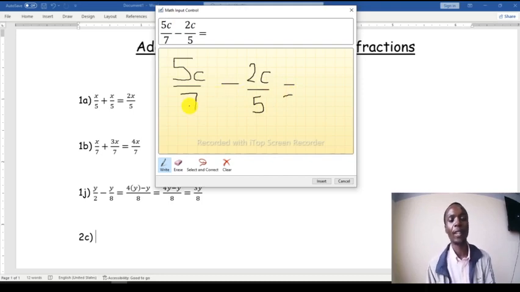Here you can notice that the denominators are different. So what should we do? If we don't have time to look for the lowest common multiple of these denominators of 7 and 5, the simplest way would be just to multiply the denominators.